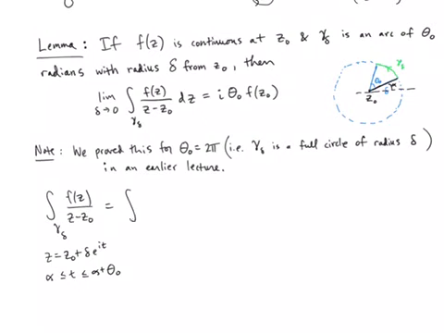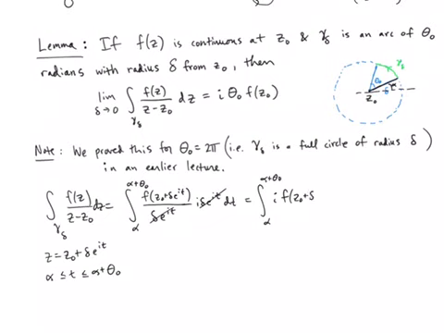Okay, so this is the integral from alpha to alpha plus theta naught of, that denominator just becomes delta e to the it. The numerator is f of z naught plus delta e to the it, and the dz is i delta e to the it. So the delta e to the it's cancel, and you get the integral from alpha to alpha plus theta naught of i times f of z naught plus delta e to the it, dt.